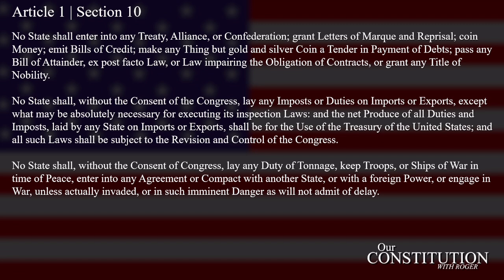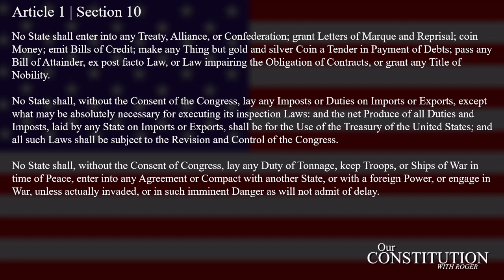No state shall, without the consent of Congress, lay any imposts or duties on imports or exports, except what may be absolutely necessary for executing its inspection laws. And the net produce of all duties and imposts laid by any state on imports or exports shall be for the use of the Treasury of the United States. And all such laws shall be subject to the revision and control of the Congress.